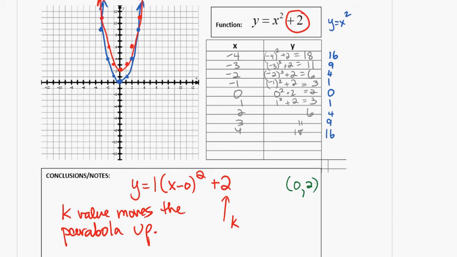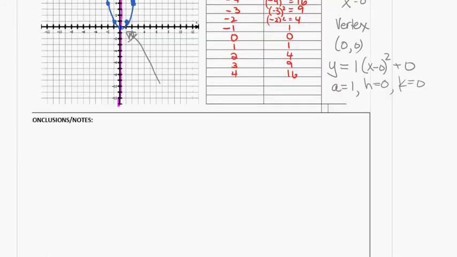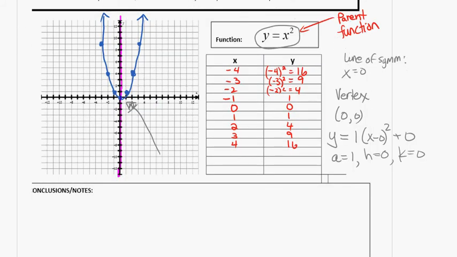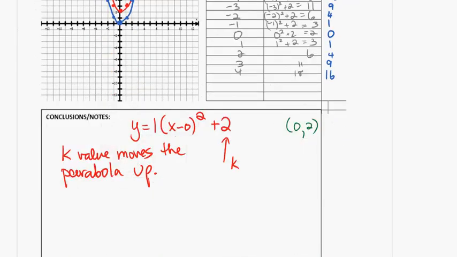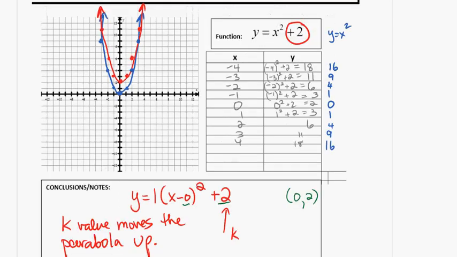Before it was (0, 0), when we had y equals 1 times (x minus 0) squared plus 0. So we had 0 and 0 here, and we get a vertex of (0, 0). Now we have a 0 and a 2, and we get a vertex of (0, 2). So that might have something to do with the vertex too. We probably don't have enough information to see if that's true yet.